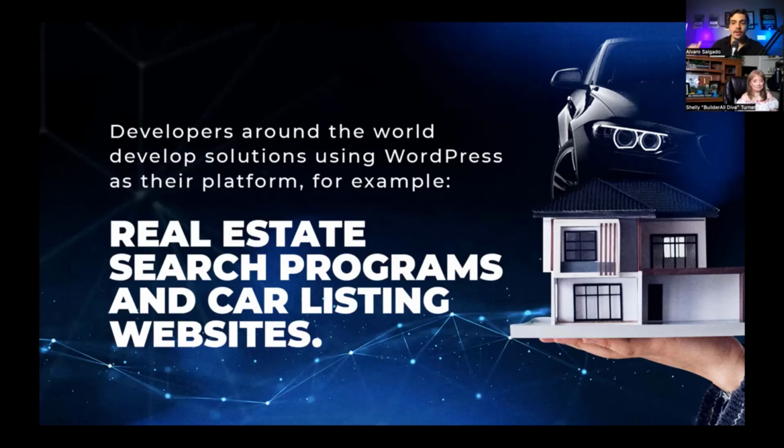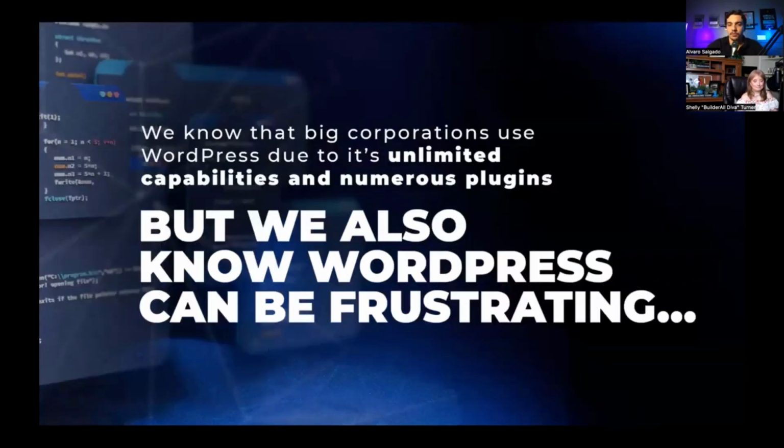Why? Because like I said, 400 million users, 35% of all website traffic is on WordPress. It's huge. So those programmers, those developers, they know they have to develop everything for WordPress. And that's why WordPress is so powerful.